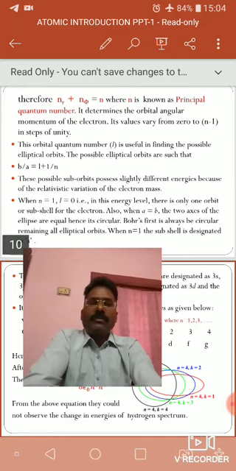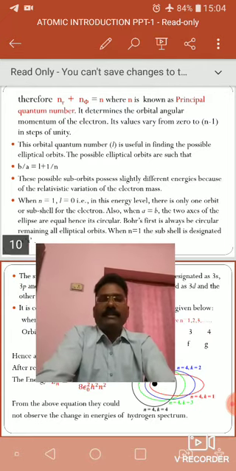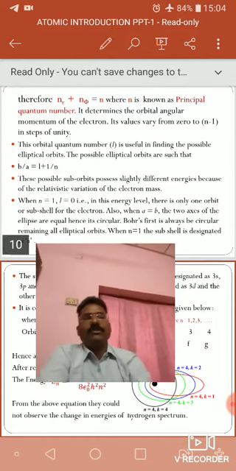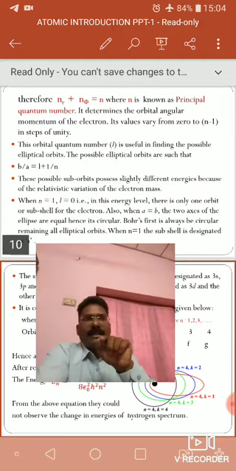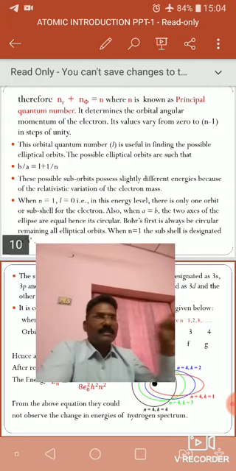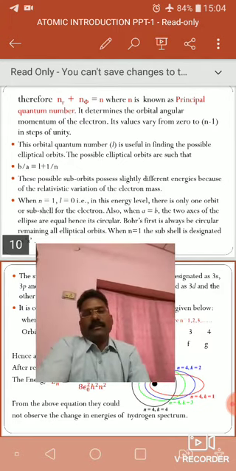this orbital quantum number L is useful in finding the possible elliptical orbits. The possible elliptical orbits are such that b by a is equal to 1 plus 1 by n. What is b and what is a? b is the semi-minor axis of the ellipse, and a is the semi-major axis of the ellipse.